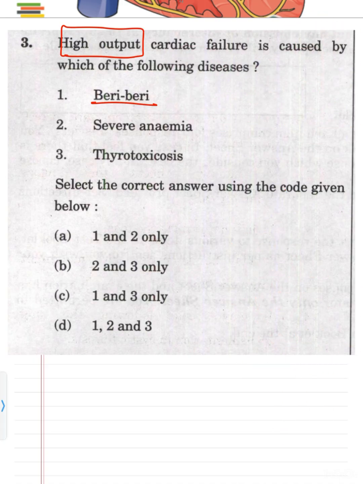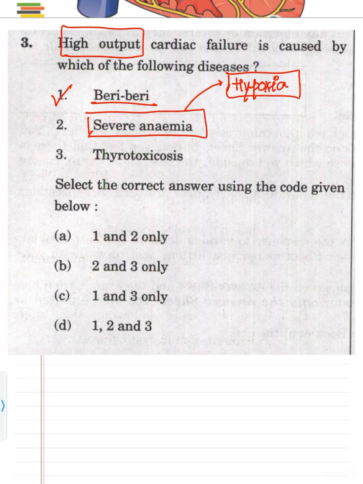In the second case, severe anemia. Severe anemia will lead to hypoxia because hemoglobin is less. That's why it is not able to deliver the right amount of oxygen to the tissues. So there will be hypoxia in the tissue.